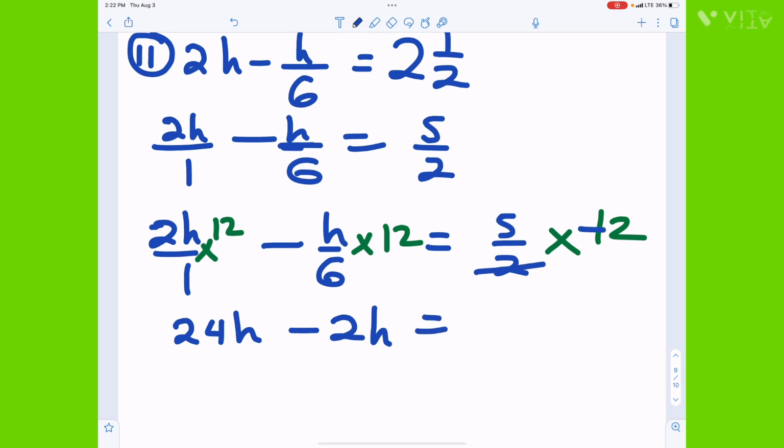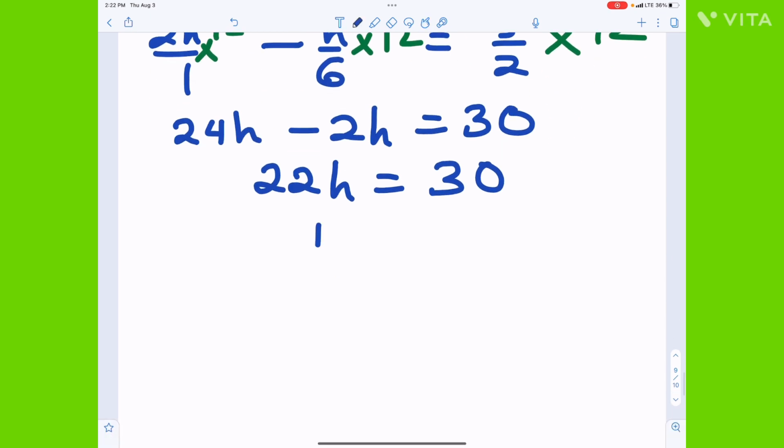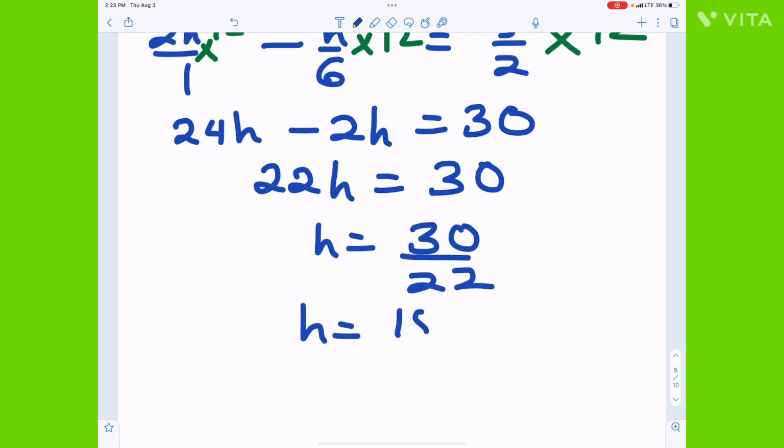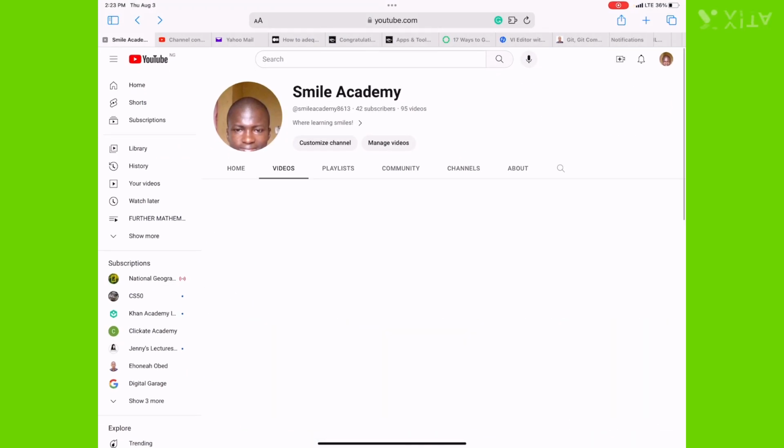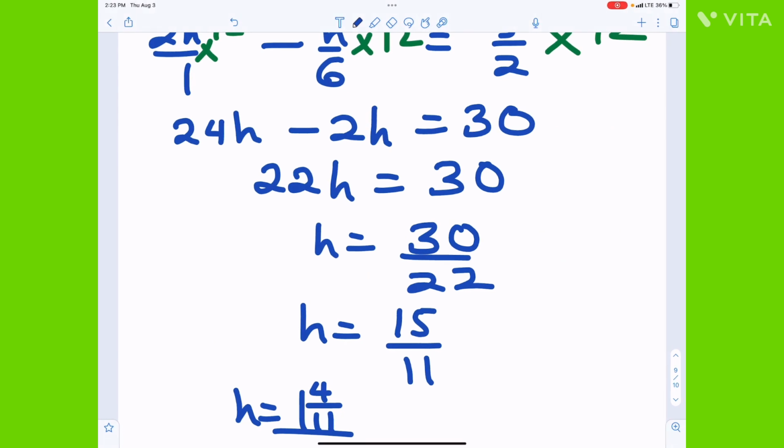Then 2 here 1, 2 here 6, 6 times 5 gives me 30. So 24h minus 2h is what? 22h. 22h is 30. That h is 30 over 22. H is equal to 15 over 11. H is equal to 1 and 4 over 11. So take note of that.